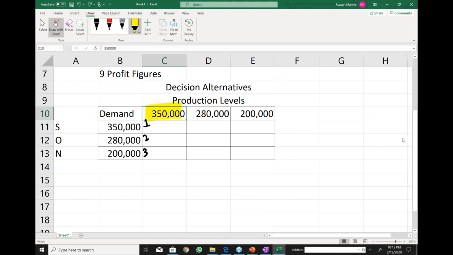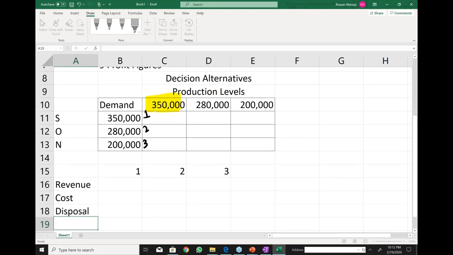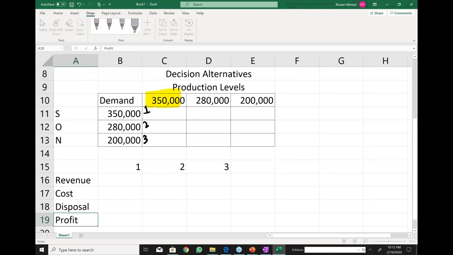And for this DA, let's calculate 3 possibilities of profit. So let's give the reference of 1, 2, and 3. Now revenue, I need, what else do I need? I need cost here, okay? And I need disposal cost here as well, if you remember, and I will get profits.